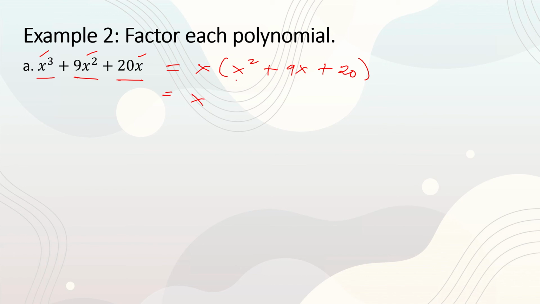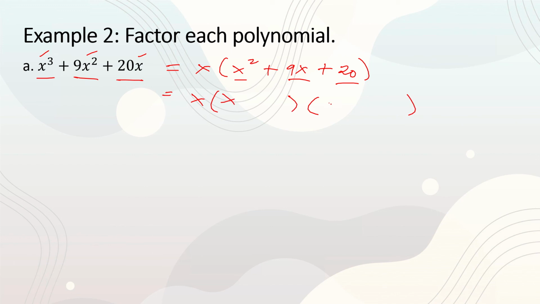Now, there are 3 terms. So that's our second step. 3 terms, you have PST or GQT. But it's not PST because 20 is not a perfect square, the third term. So you'll automatically think of your GQT or trial and error. So in your trial and error, there must be 2 binomials.